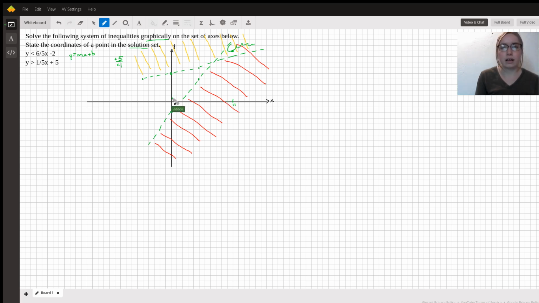And then we know that that's 5. So 6, 7, 8, 9. So one solution set to this graph is (11, 9).